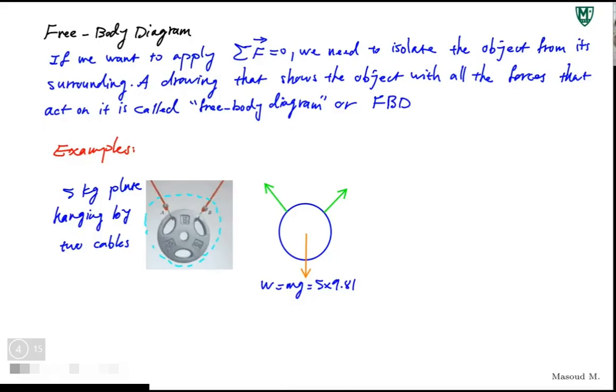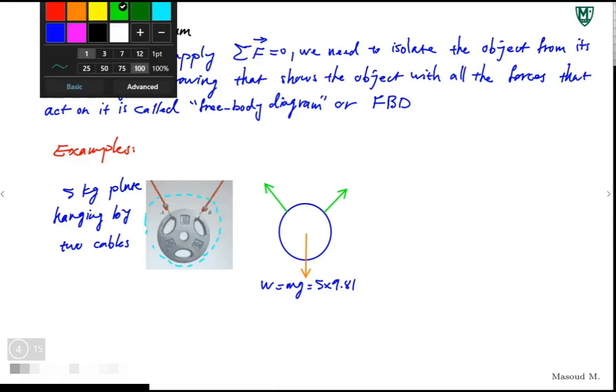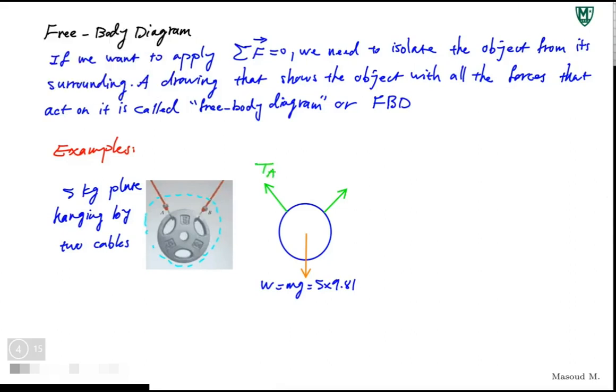Cut it anywhere, the force is the same. If I call this point A, I call this TA, and this is TB. Tension in cable A, wherever the cable is connected to A, and tension wherever the cable is connected to B. Does that make sense?